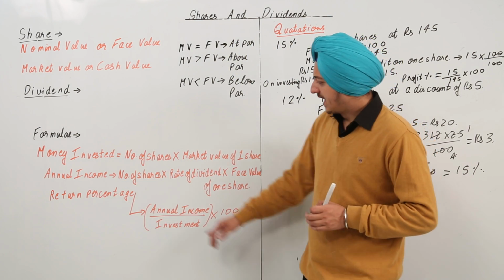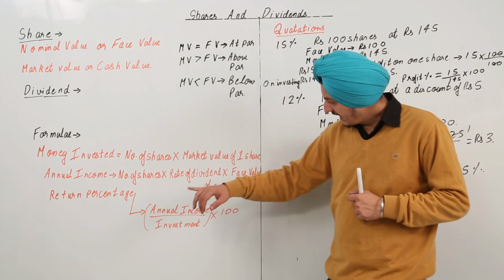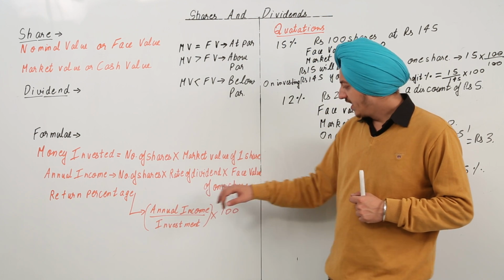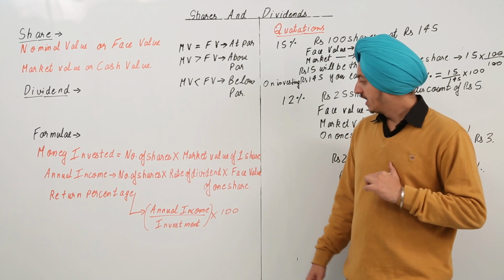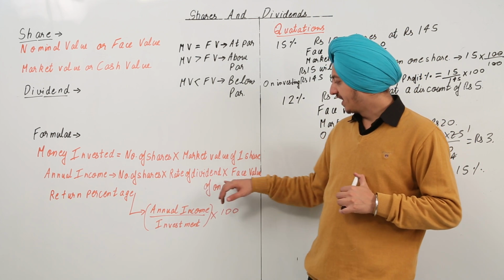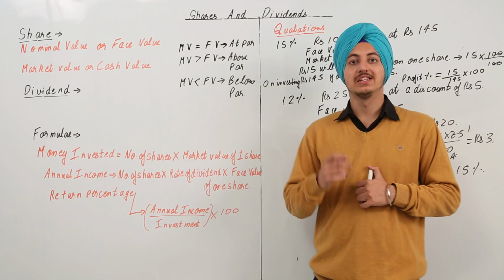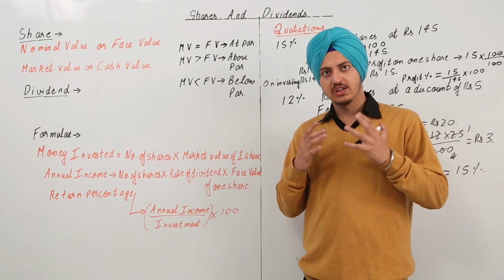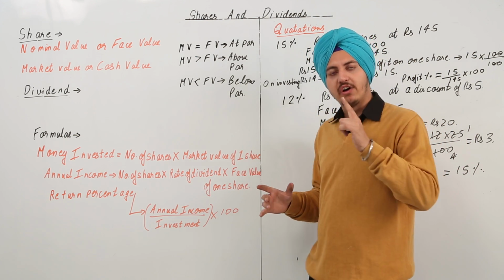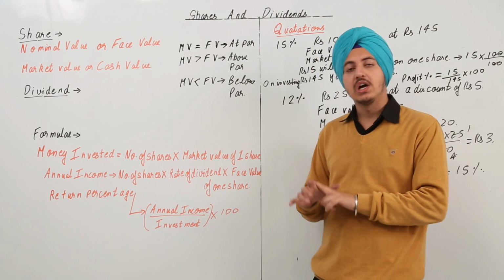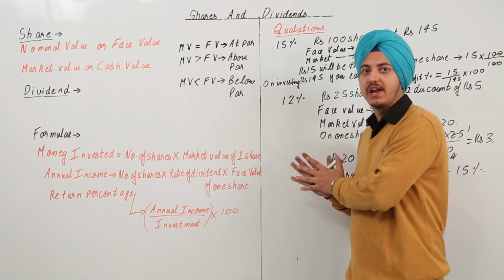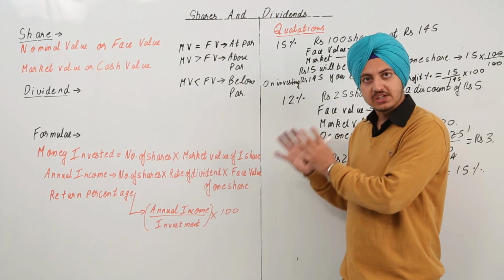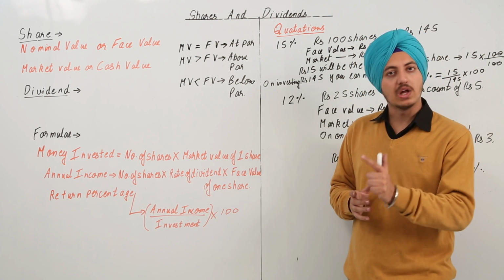Total income is the number of shares into the rate of dividend into the face value of one share. The rate of dividend into the face value gives us the amount earned from one share.